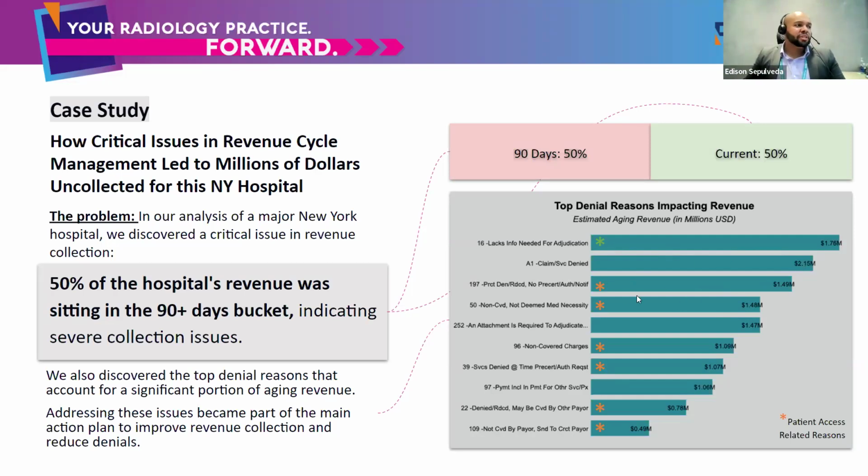across the board. And whatever you see with the star is something that was related to patient access reasons. For example, one of the things that we see most commonly, even though due to the size of the chart the amount here is not necessarily the most impactful, but in terms of the sheer number of cases is the largest by far, is information that is needed for adjudication, meaning that you missed some information or the information wasn't accurate versus what the payer had.